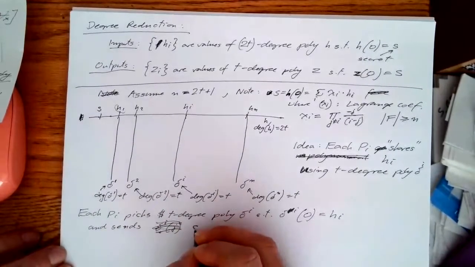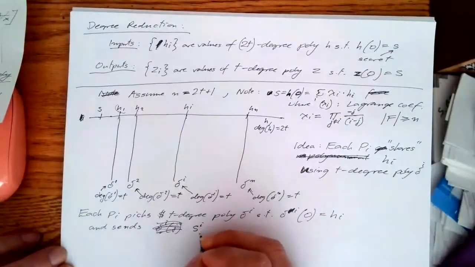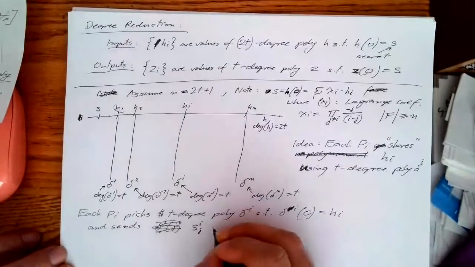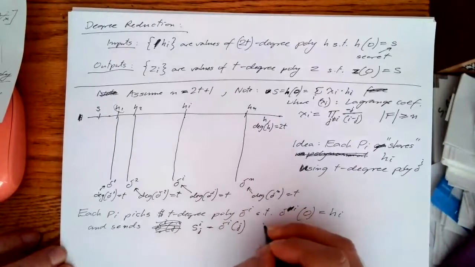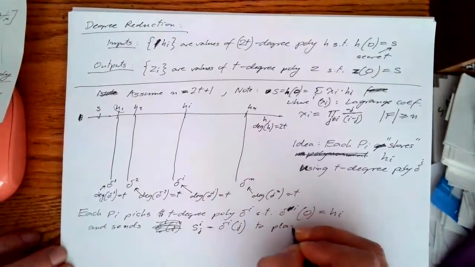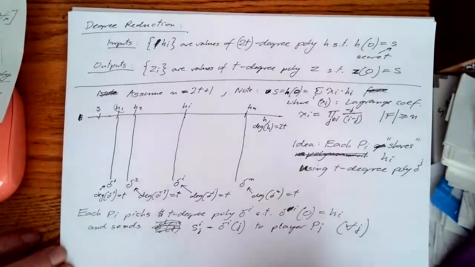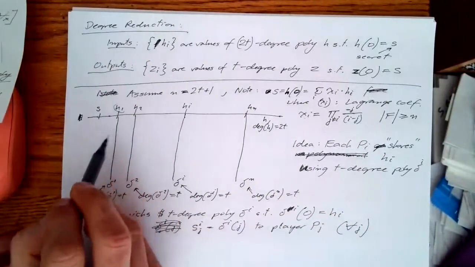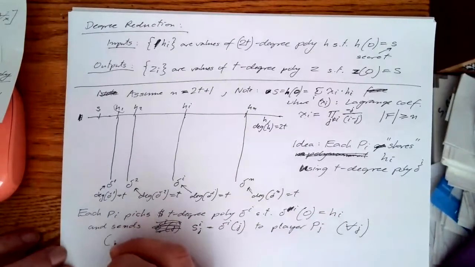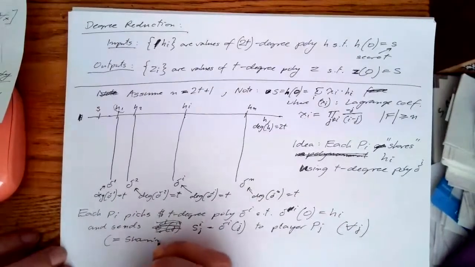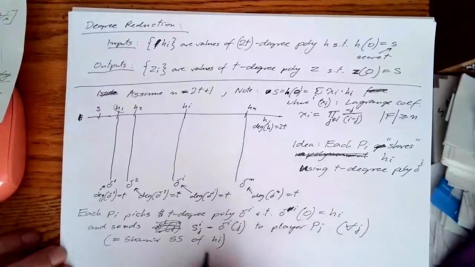Let's call that value s. Sorry, I'm already using S for the secret. Let's call it sij, which is the value of the polynomial delta i evaluated at point j, to player Pj, and that is done for all j. So in other words, Pi simply performs a standard Shamir secret sharing of hi. Okay, nothing new here.